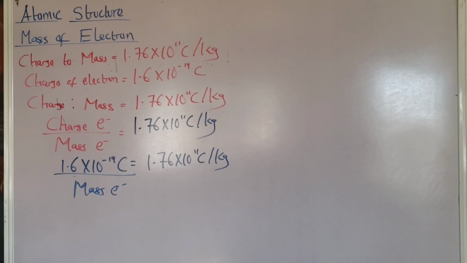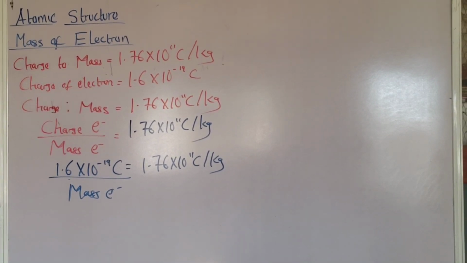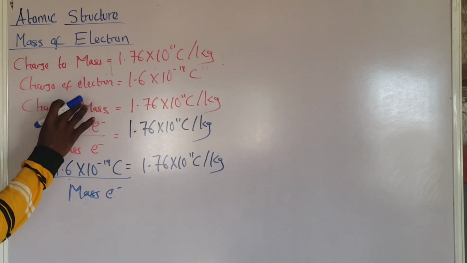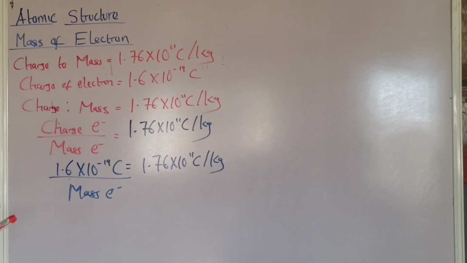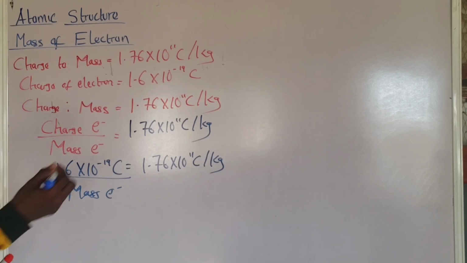But I don't want to make use of the approximated value of charge of electron. This charge of electron has been approximated to 1 decimal place. If you check very well, you will discover that the charge of electron discovered by R. A. Millikan is 1.602.